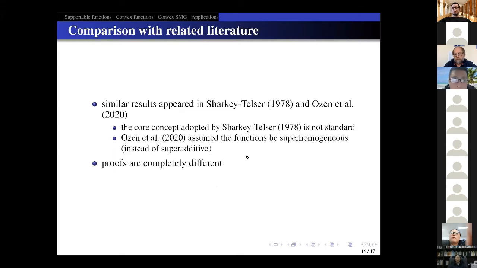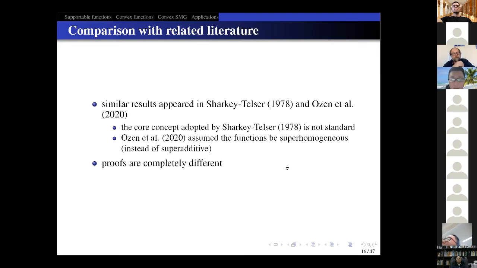There are some similar results in the literature. For example, in the Shapley and Shubik JET paper, they also have a similar result, but in that paper, the core is defined not in our traditional way. And also, Olsen, in a recent working paper, uses the traditional core to characterize this problem, but their basic assumption about this class of functions is not superadditive.